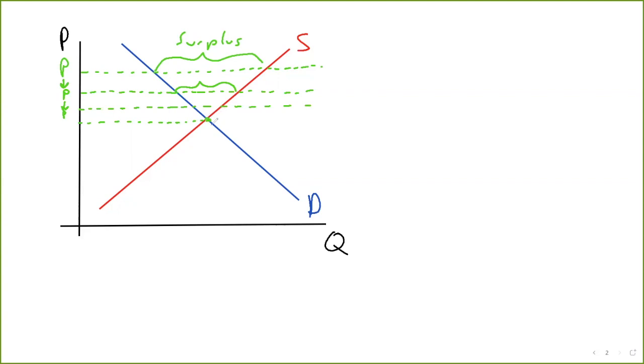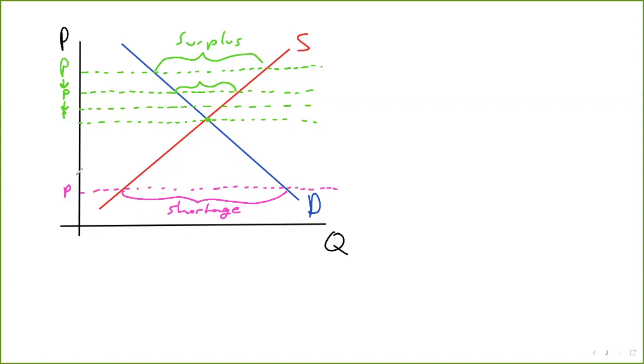At this point, they've sold everything they have, and so they don't have any incentive to lower prices to keep increasing sales. And the same logic applies for a shortage. Here we're running a large shortage of goods. And so suppliers see a profit opportunity.